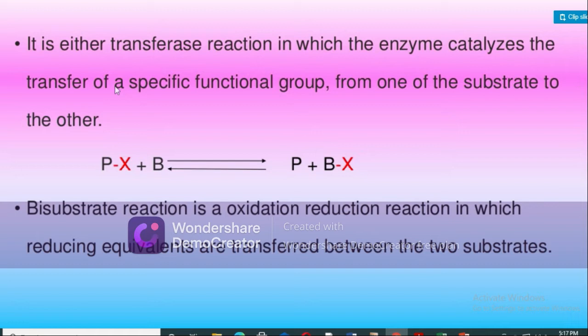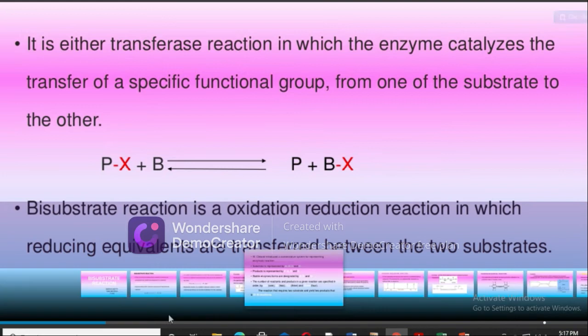So in these reactions, reducing equivalents are transferred between the two substrates to produce your specific product of interest. That is for this.